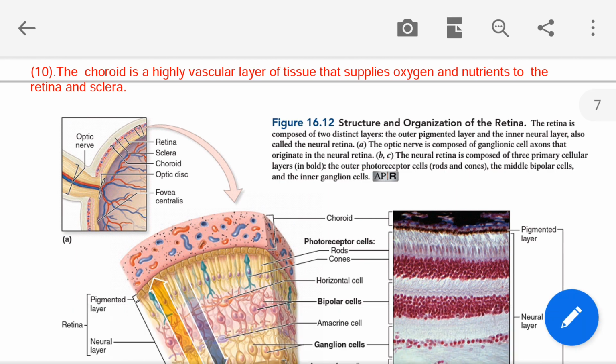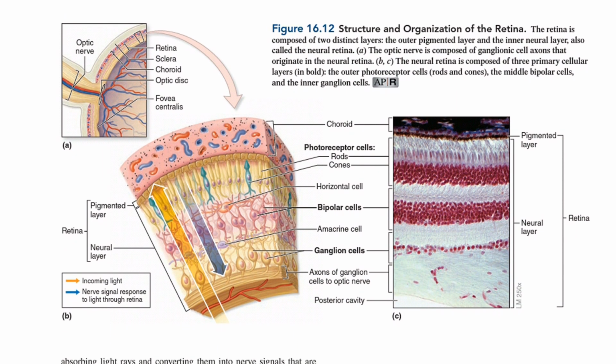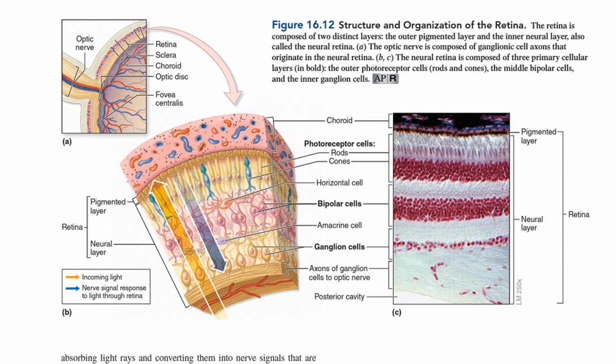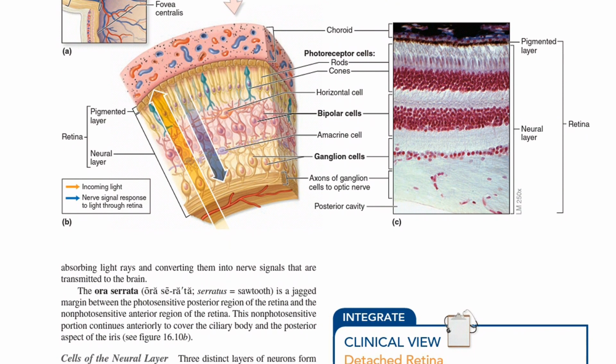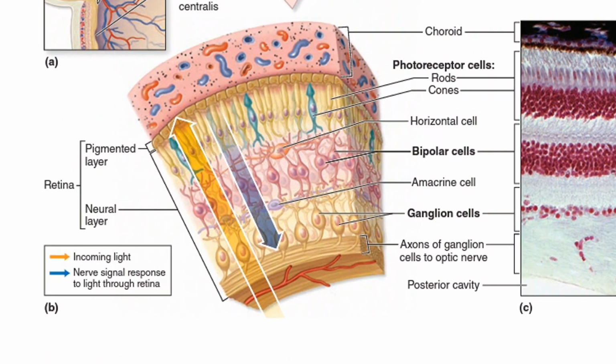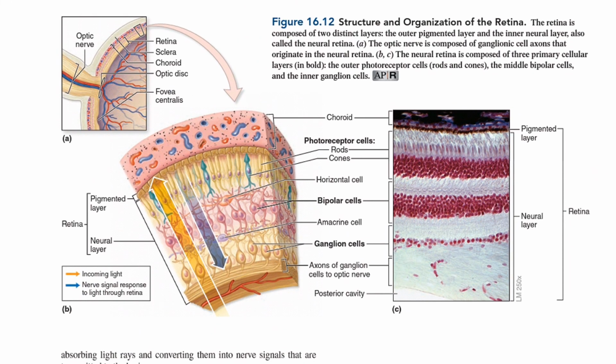Now I'm showing you this figure: structure and organization of the retina. You see all the layers, you see the choroid, and here in the retina you read all the names of the cells. Photoreceptor cells, rods and cones, are shown, then the horizontal cell, bipolar cell, amacrine cell, ganglion cell, then the axons of the ganglion cell.